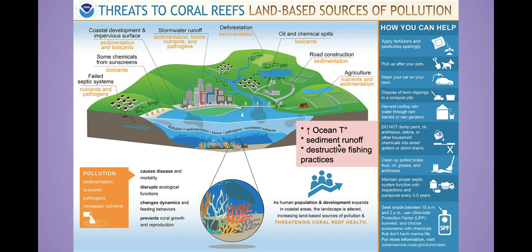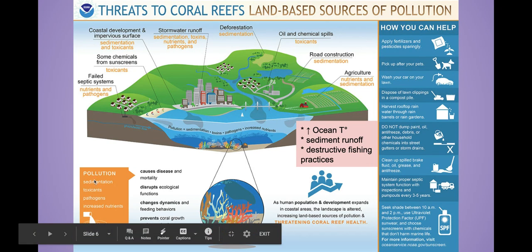If we have more sediment runoff, it's going to physically change our water bed and the amount of sediment we have here, causing turbidity in the water as well. Destructive fishing practices also affect our coral reefs. So again, the types of pollution are over here.